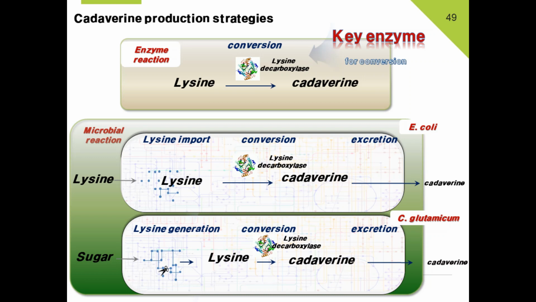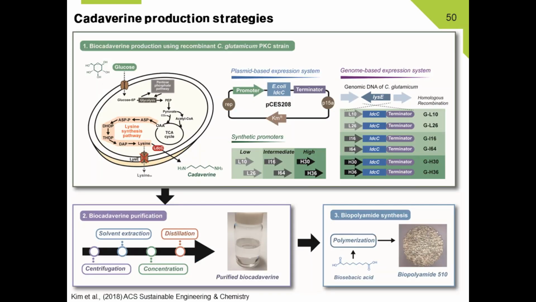It actually has two, LDC and CAD-A. The LDC is not inducible, so it's a constitutive enzyme, so E. coli can always produce cadaverine. And then CAD-A is inducible. I think when lysine is in the medium, that's when CAD-A is active.